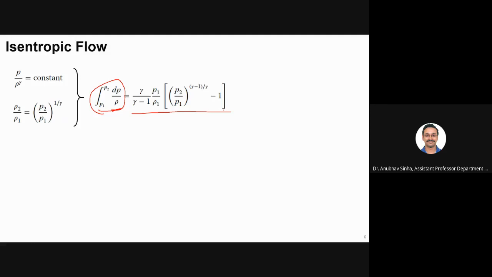Is this clear? How I got this? If you are not clear, you need to ask. Otherwise, I'll assume that everyone is clear on what we are talking about. So is this clear, or should I go forward or explain this again?